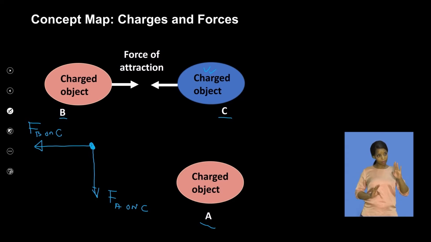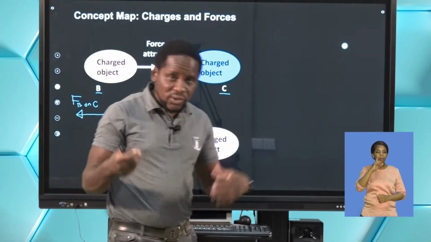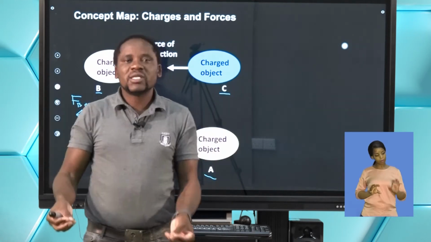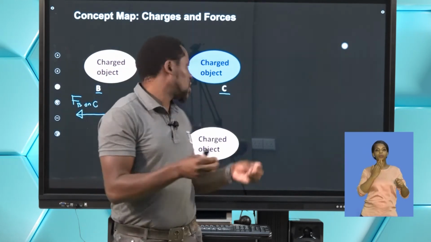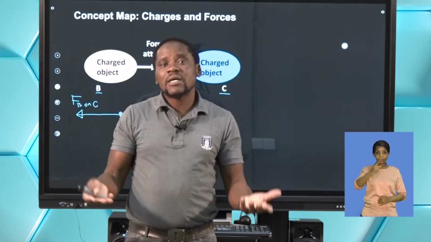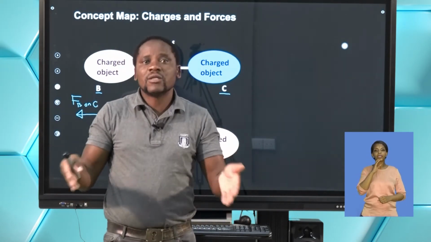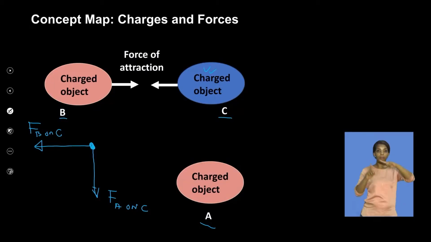So this vector diagram is a representation of the forces that act on object C. Now, why do we have two forces in this case? You'd realize there are two objects that exert simultaneously a force on object C. When that happens, there will also be two forces. Now, if you think about the net force that acts on C, due to both B and A, it will be in that direction.